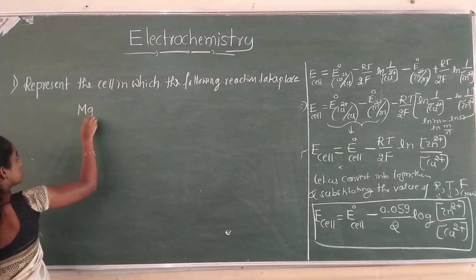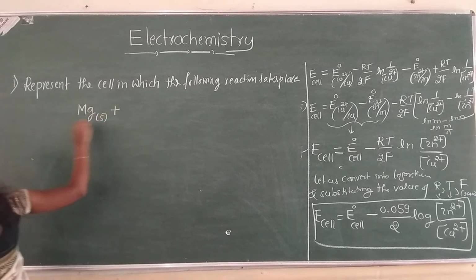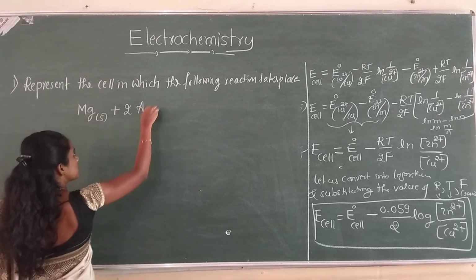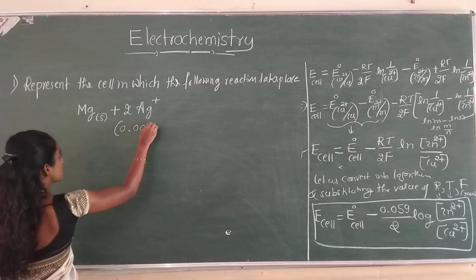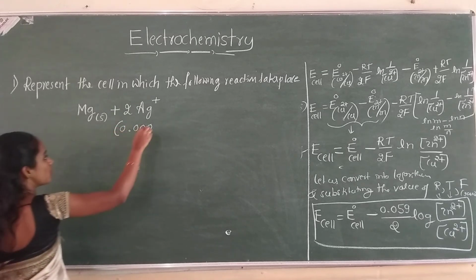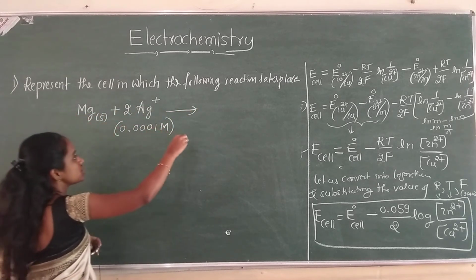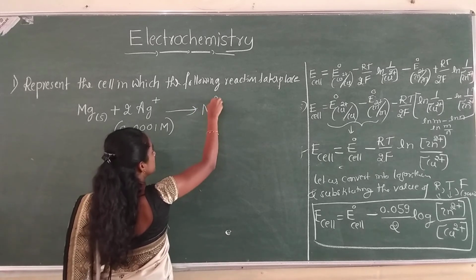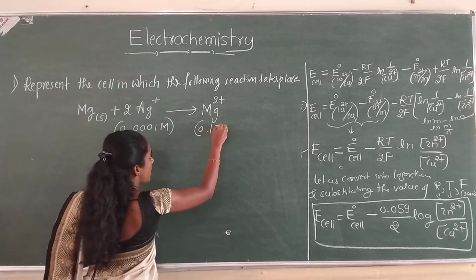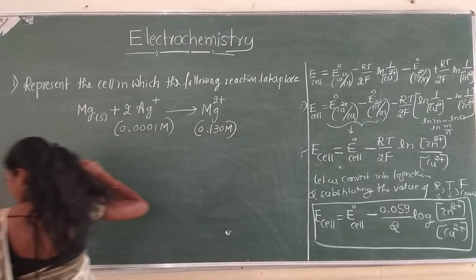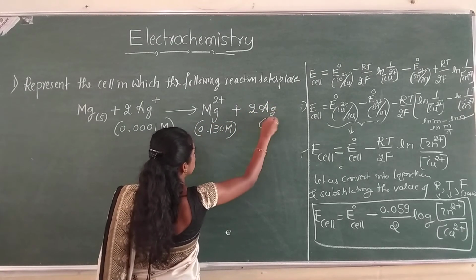That is Mg, magnesium, plus 2Ag+, where the concentration of this electrolyte is 0.001 molar, gives magnesium, that is Mg2+ ion, the concentration is given, 0.130 molar, plus 2Ag solid.